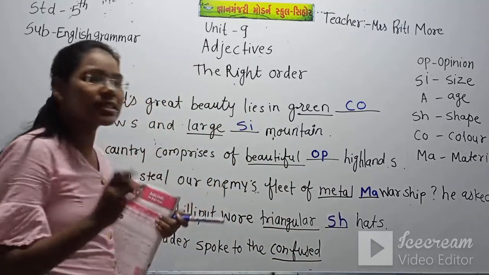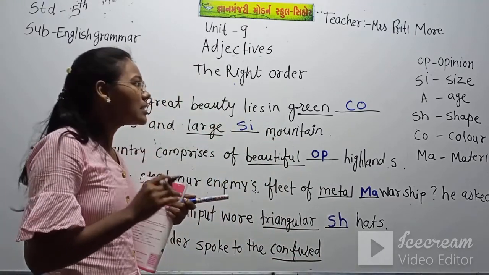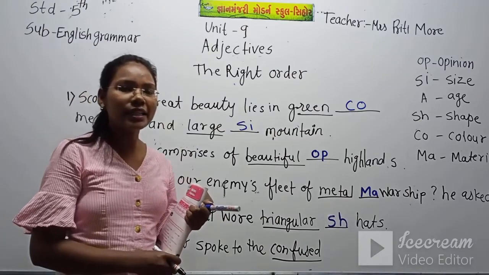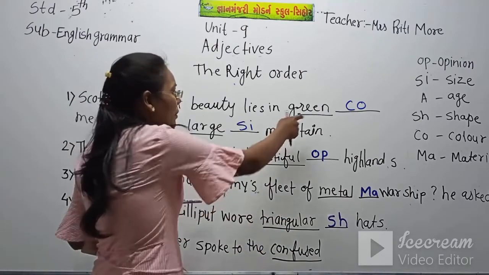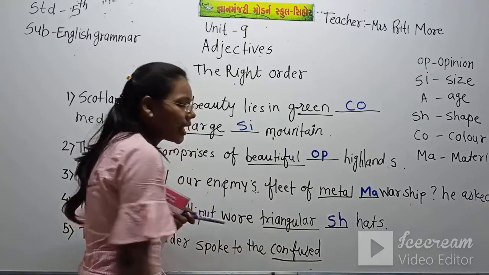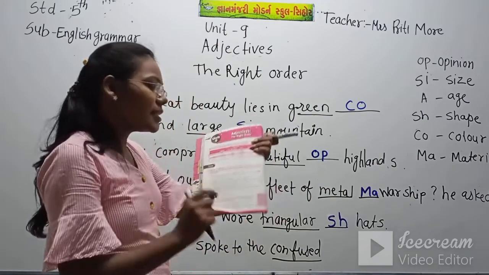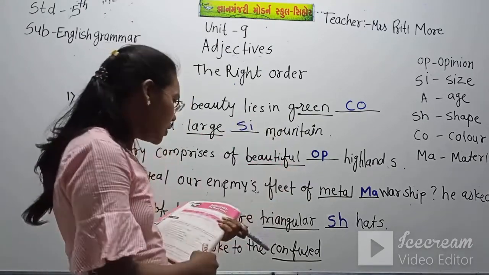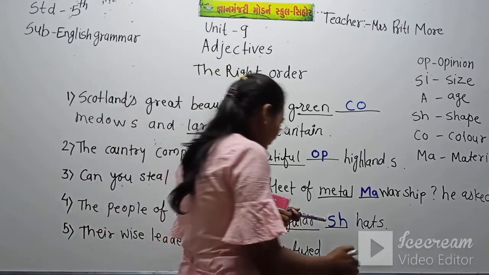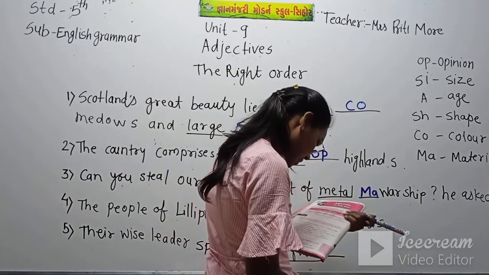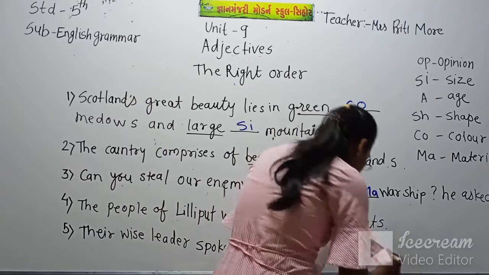The highlighted words, these are the adjectives. Some adjectives are highlighted in the sentences. So I am underlining here the adjectives, but in that sentence it is highlighted. So confused, blank space, Gulliver.